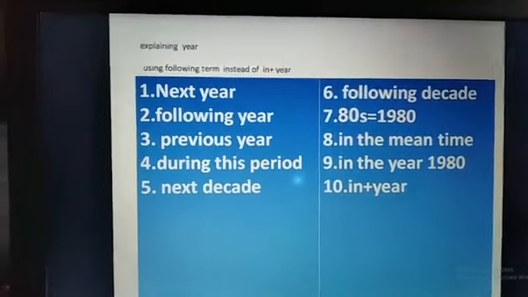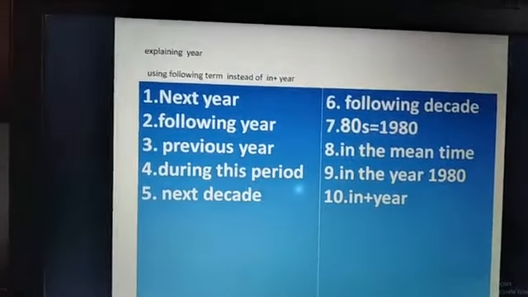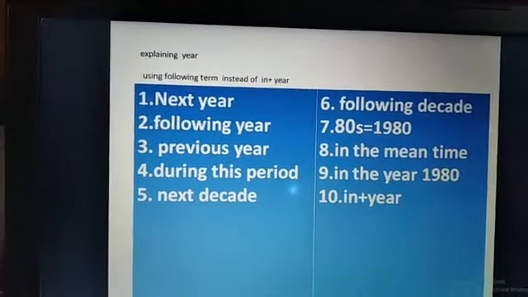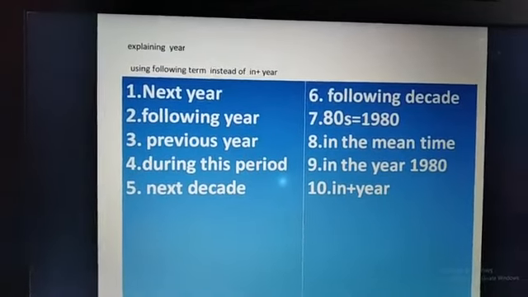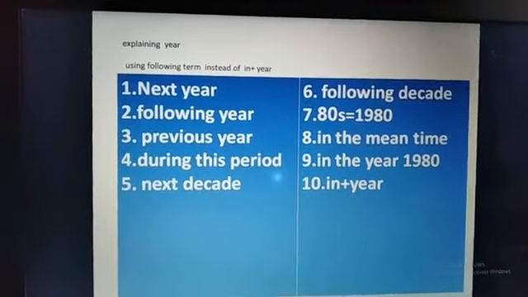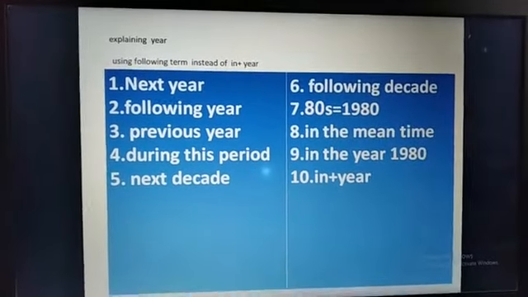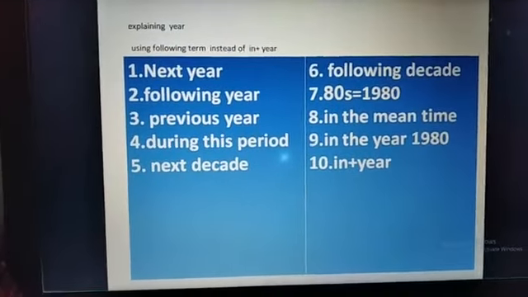We use different expressions: next year, following year, previous year, during this period, next decade, following decade. Decade means 10 years. The 80s means the 1980s. Also, in the meantime, or in the year 1980. I think you all have understood.